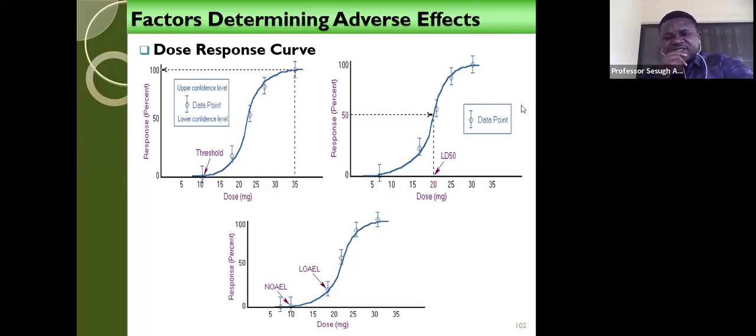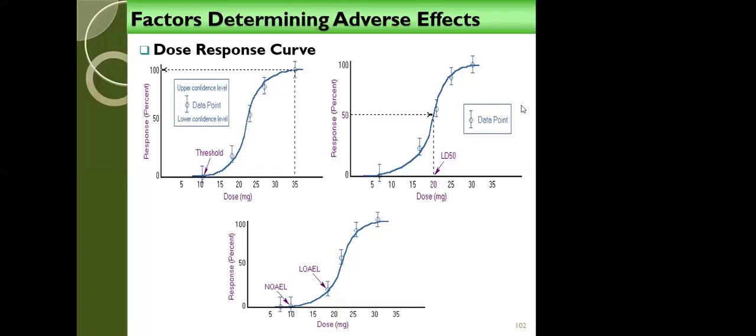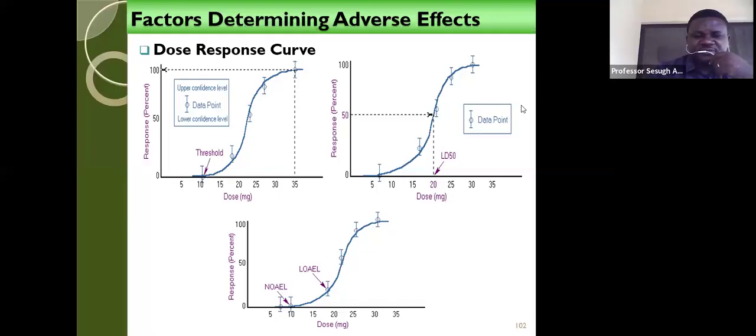And then on the x-axis, that is the horizontal line, you have dose, right? Yes, sir. And the dose is in milligrams. So you can now see that 5 milligrams, 10 milligrams, 15 milligrams, 20 milligrams, 25 milligrams, 30 milligrams, 35 milligrams were administered.